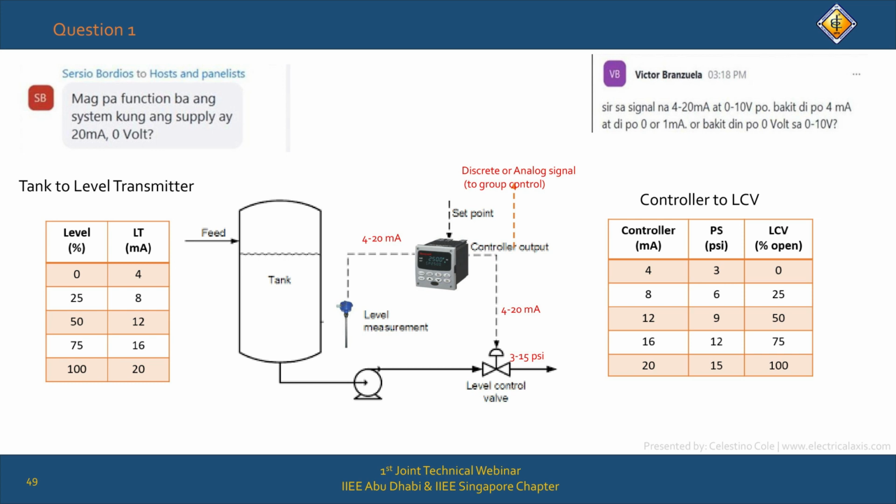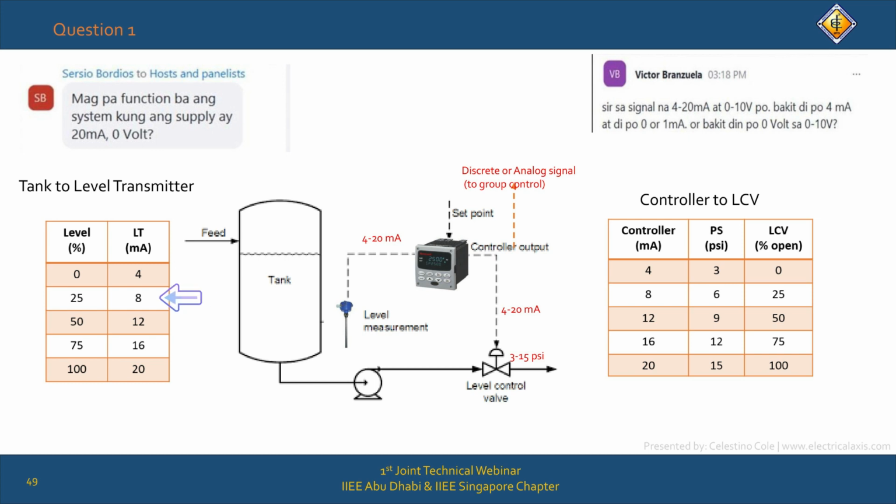The instrument that can convert these values is the level transmitter, which is installed here. When the level of the water is empty, the transmitter will deliver a current of 4 milliampere, or if it is full, then 20 milliampere. Also, you can see that in between these values, there is a linear relationship between them.